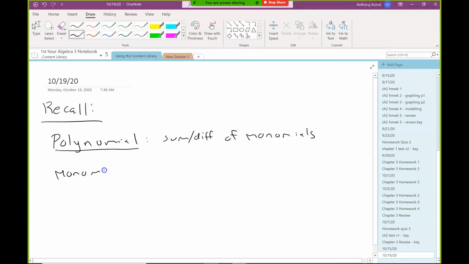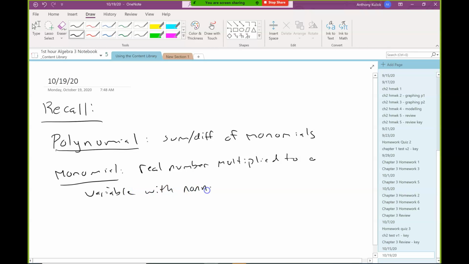And we had said that a monomial is like a real number multiplied to a variable with a non-negative whole number exponent. Right?